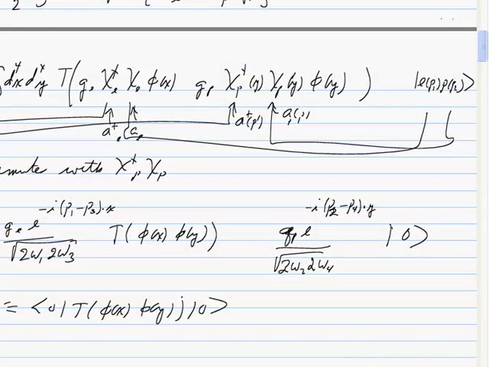That was our definition. And that turns into, by our previous calculation, d^4q over (2 pi)^4, e to the minus i q dot (x minus y), over q squared. If there's a mass, it's q squared minus m squared plus i epsilon.